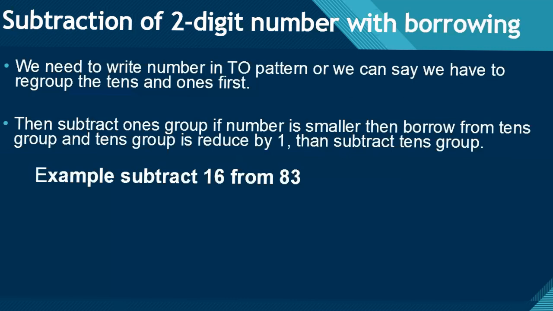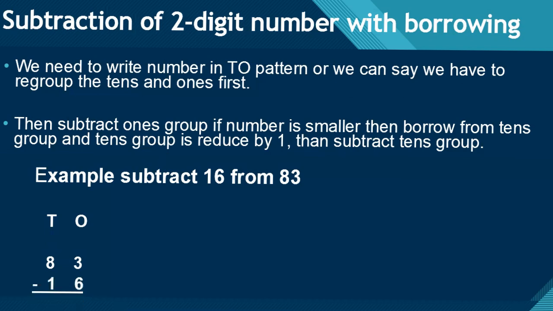So suppose we have an example, we need to subtract 16 from 83. We have to follow the steps. The first step is to write the numbers in TO pattern. So how will you write 83 in the TO pattern? You know this very well now. Then we have to write 16 in the TO pattern.